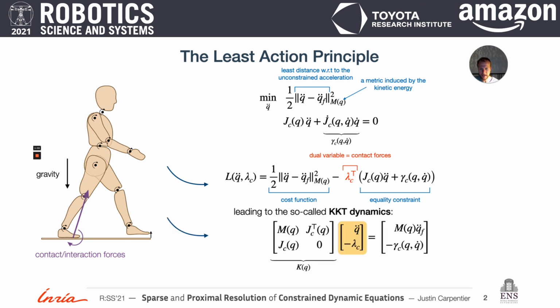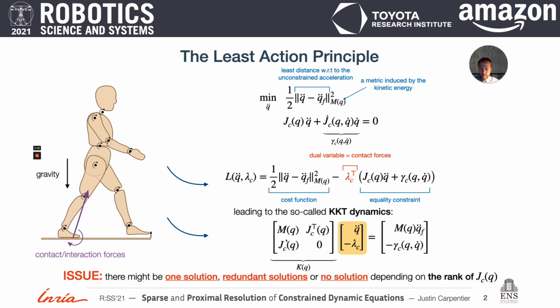By deriving the so-called KKT conditions, one can retrieve the KKT dynamics with the unknown quantities that we aim to retrieve, and on the left we have the KKT matrix, which accounts for both the joint space inertia matrix and the constraint Jacobian.